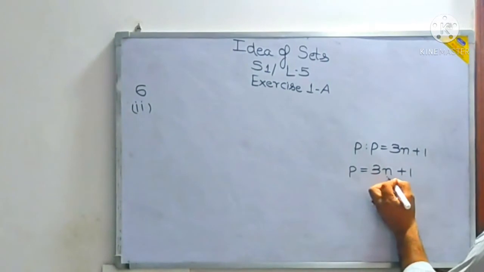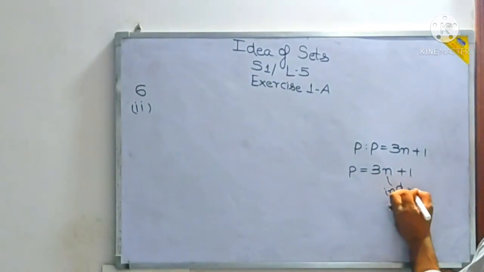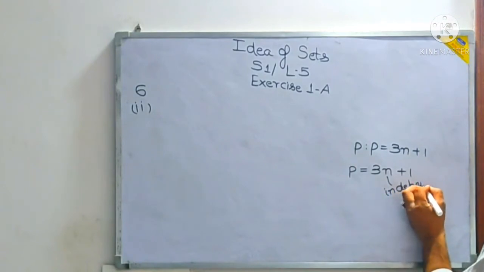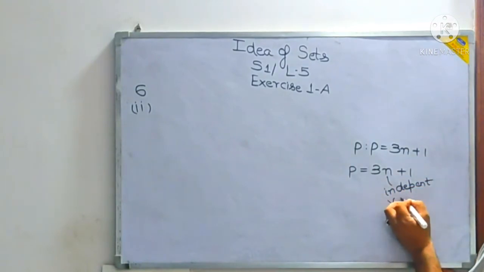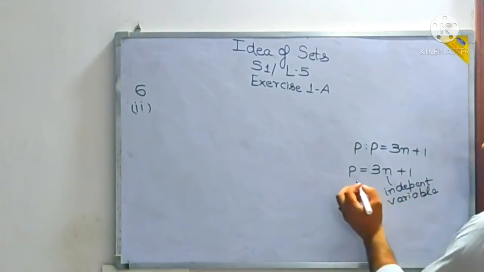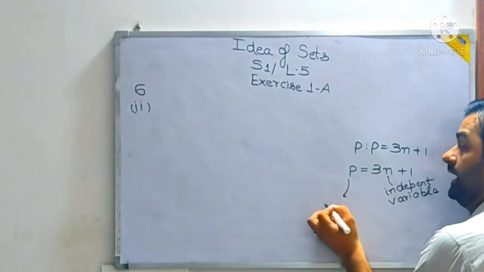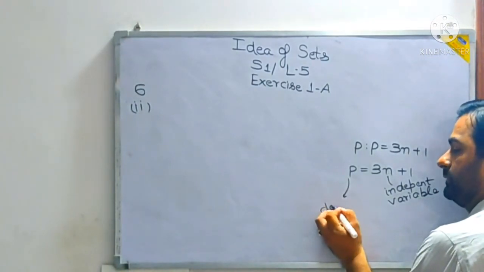That means, can we say that n is the independent variable? This you learn in class 9th physics while plotting the graph, axis, all these things. And P is the dependent variable.